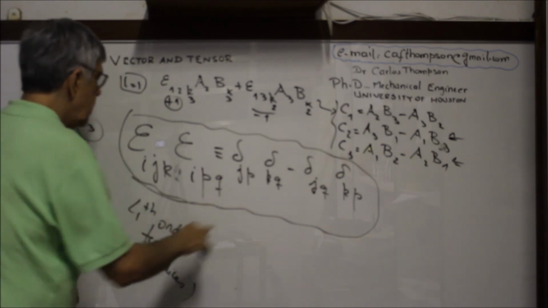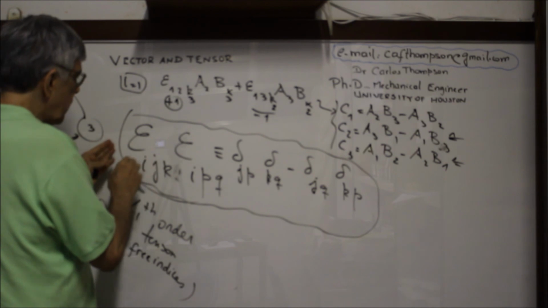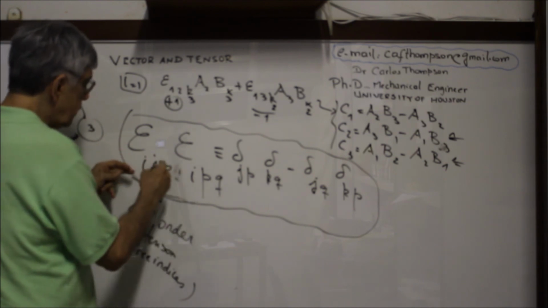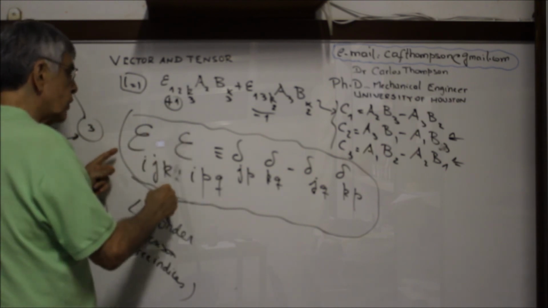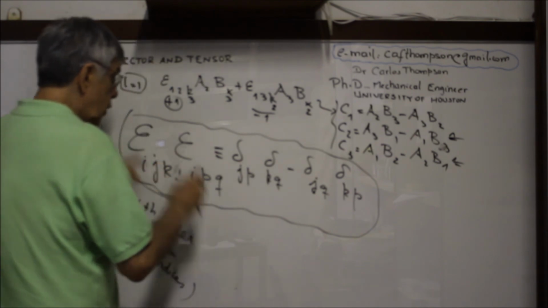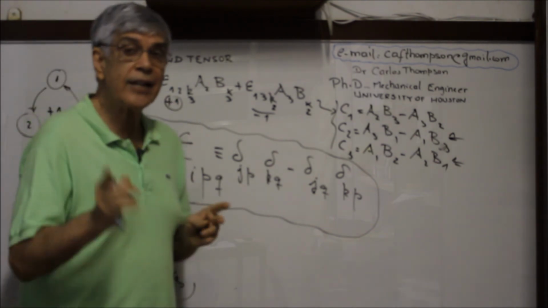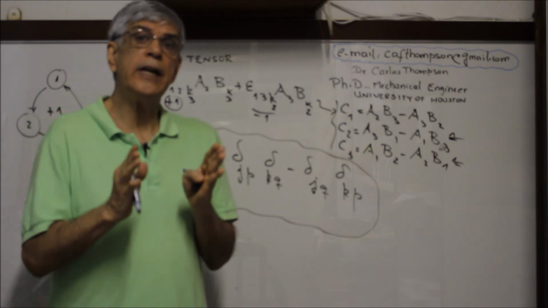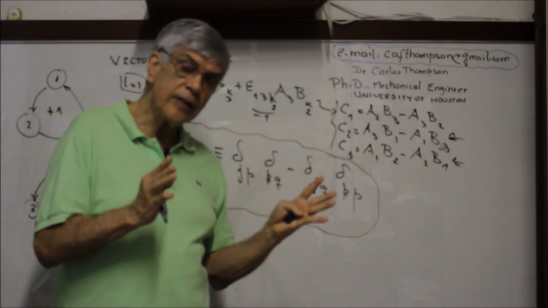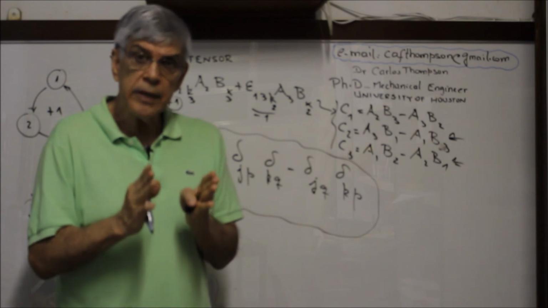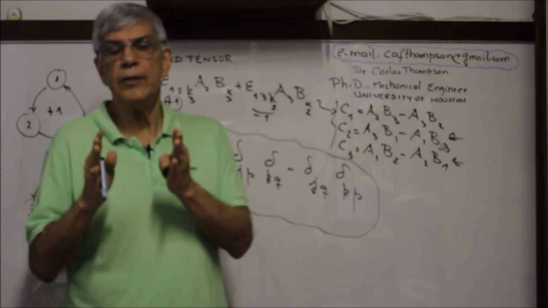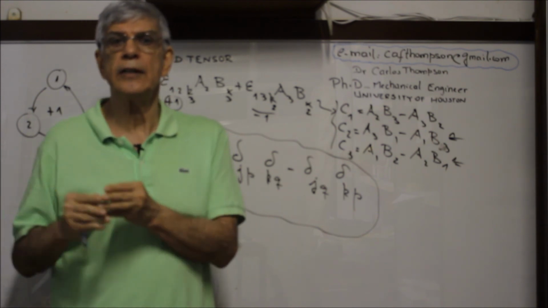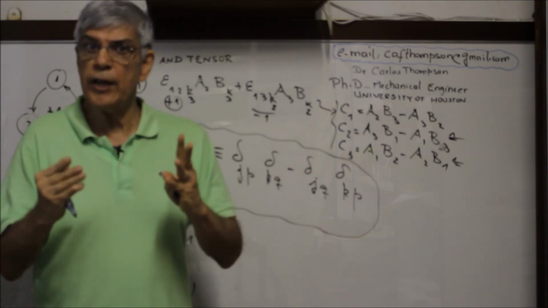Now, don't forget, epsilon IJK is a fourth order tensor. One thing that I didn't emphasize: the number of free indices on the left-hand side must be equal to the number of free indices on the right-hand side, with the same notation.